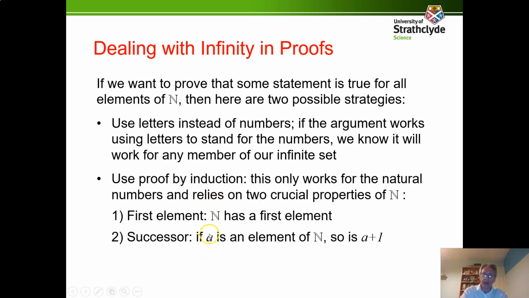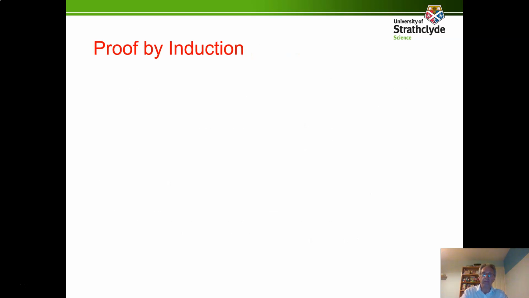In other words, if A is an element of this set, so is A with 1 added to it. So what we're going to do is form a chain reaction. We're going to prove it for the first element. We're going to then show that assuming it's true for this element, we can prove it's true for the next element, and that'll get the chain reaction going, and we'll see how that works.